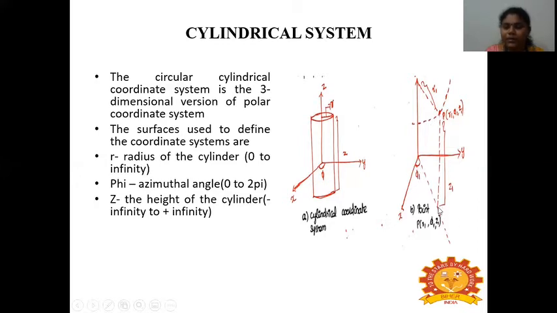Then from this projection to the point P gives the height of the cylinder, called z1. So the point P can be represented as (r1, phi1, z1). This is how we represent a point P in the cylindrical coordinate system.